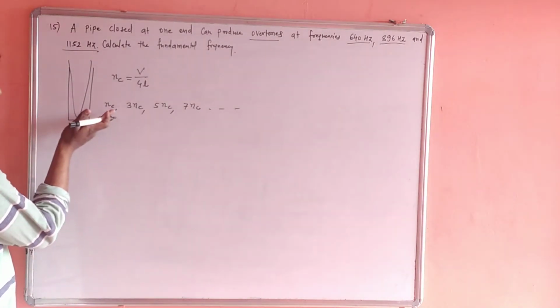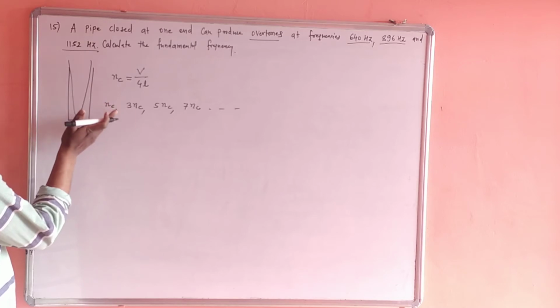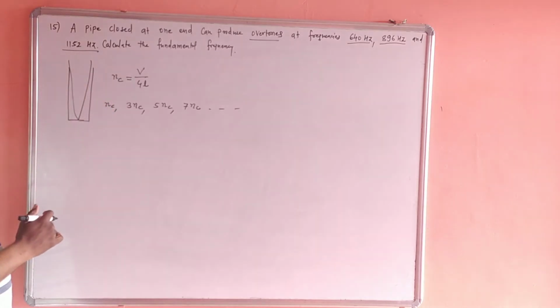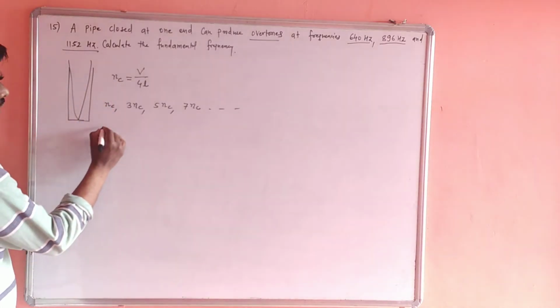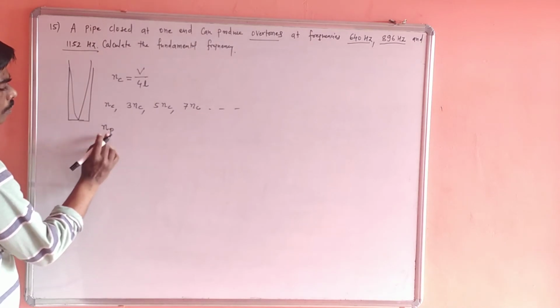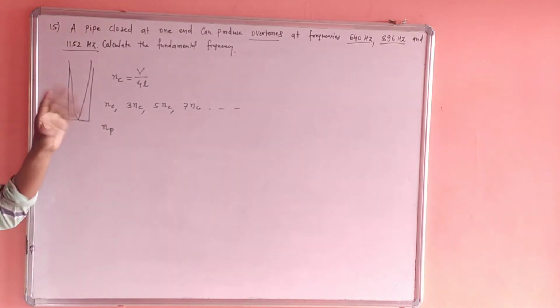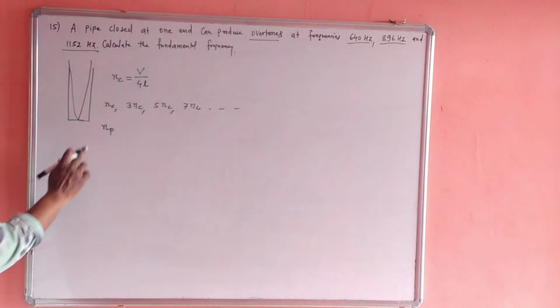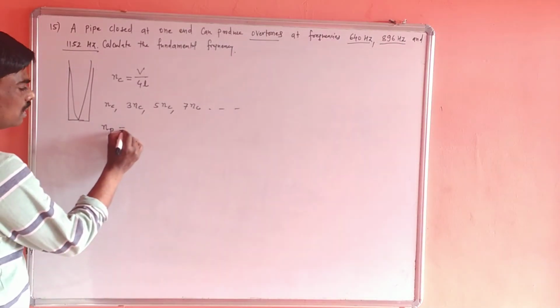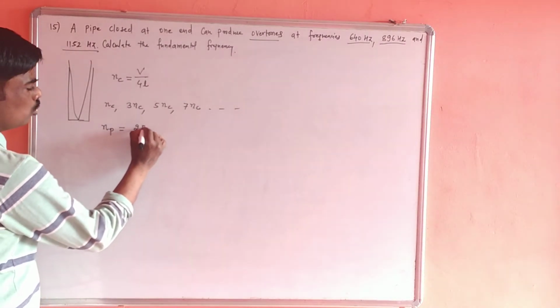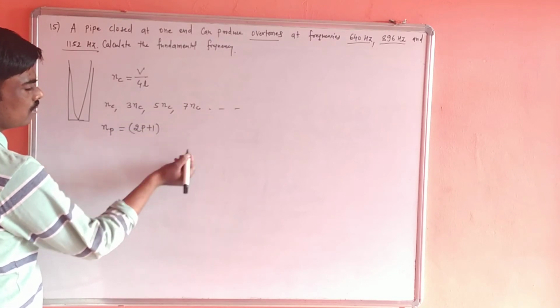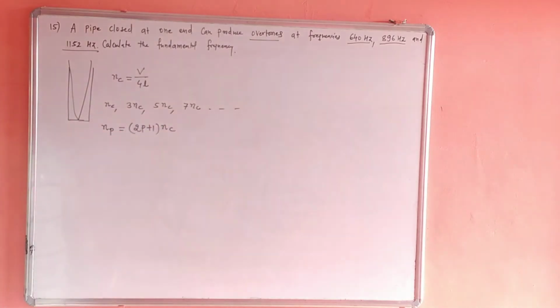If we are going to connect the frequency of overtone with fundamental frequency, we can give one relation: frequency of pth overtone, P means any overtone, is nothing but 2p plus 1 times NC.